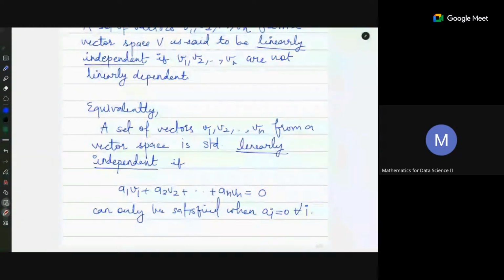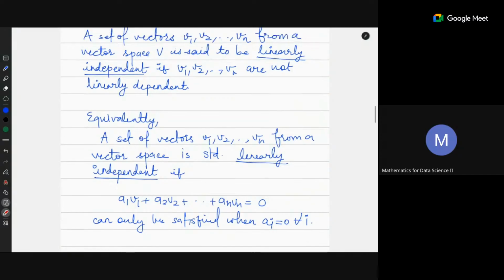There is no other solution. If I consider a linear combination of vectors v1 to vn which expresses 0, then all the coefficients have to be 0. Then I will say that my vectors v1 to vn are linearly independent.